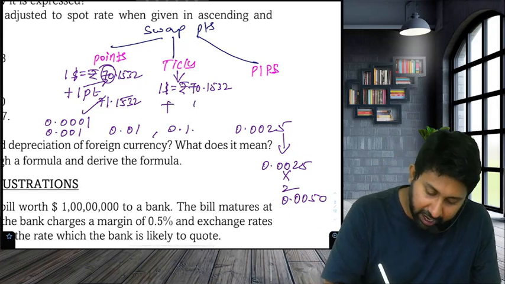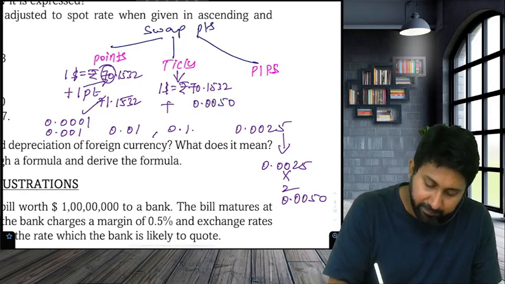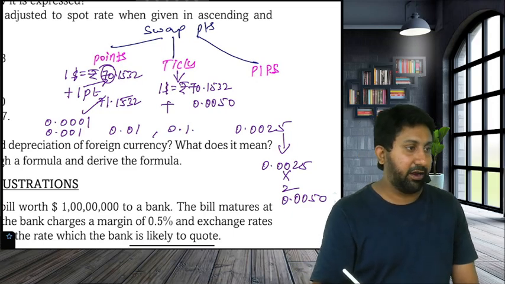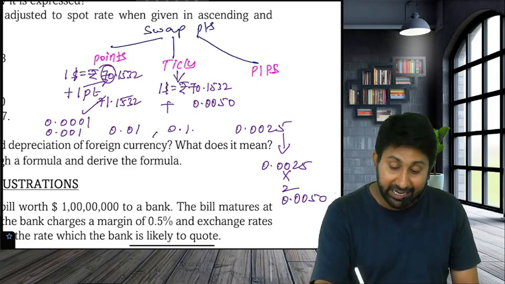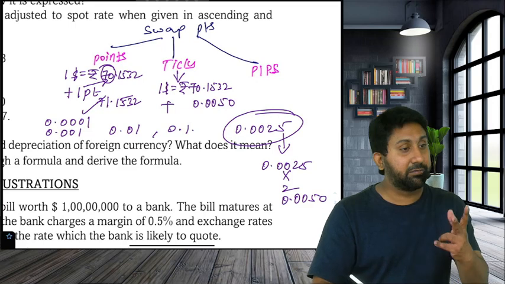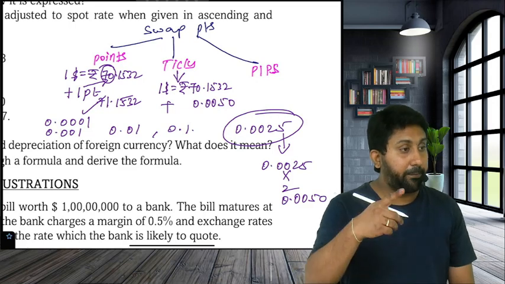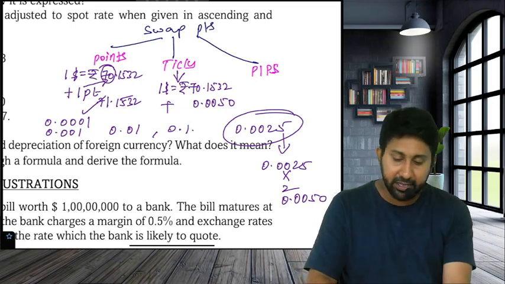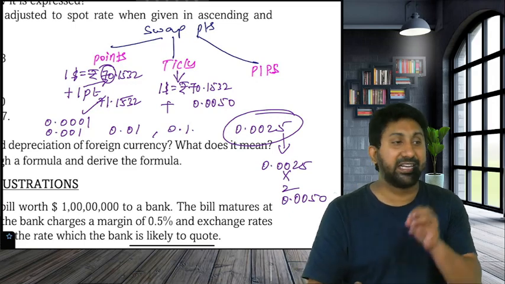So you need to add 0.0050. This is how you need to add. 2 ticks, where 1 tick is 0.0025, means 0.0050. Okay, this is how you need to do it. This is called ticks.